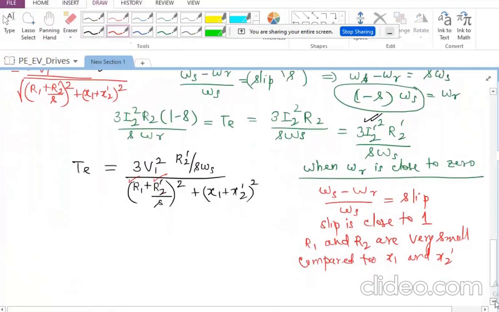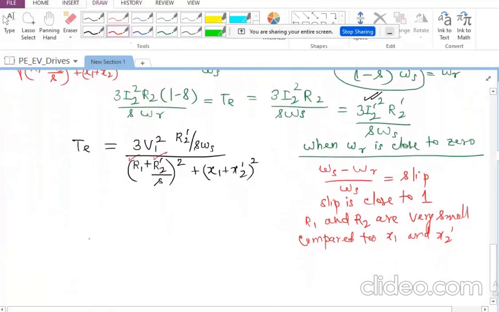So because of which I can say TE is approximately equal to 3V1 square R2 dash divided by S omega S, divided by X1 plus X2 dash the whole square.